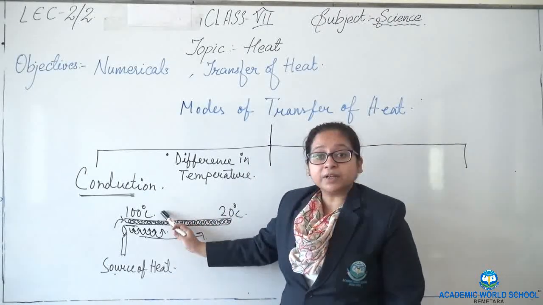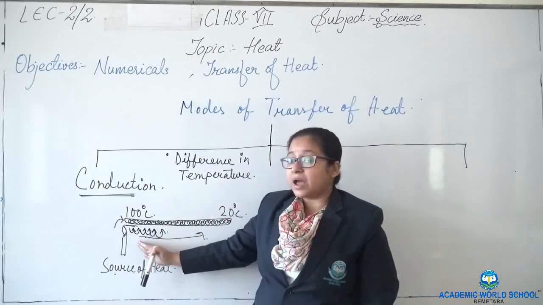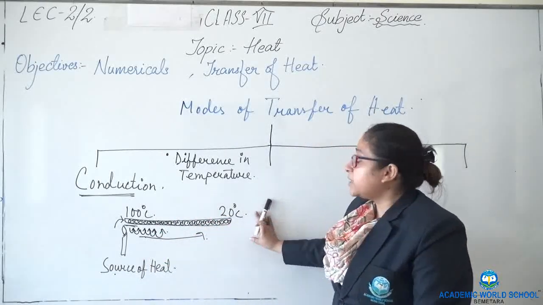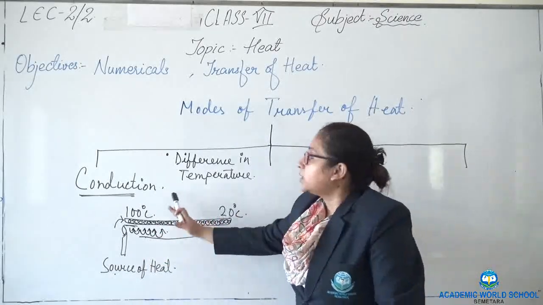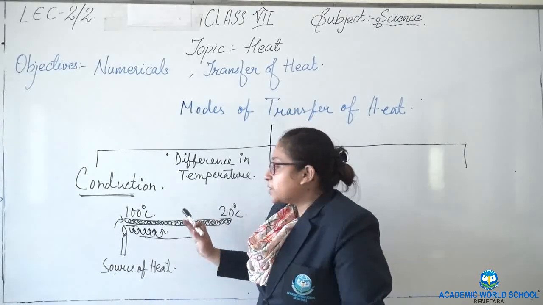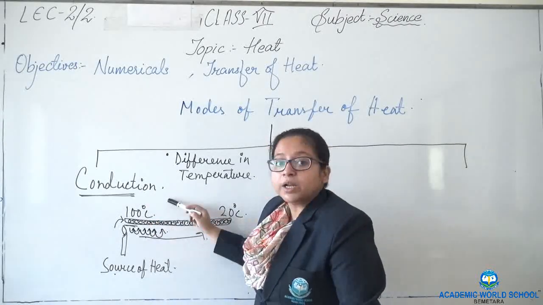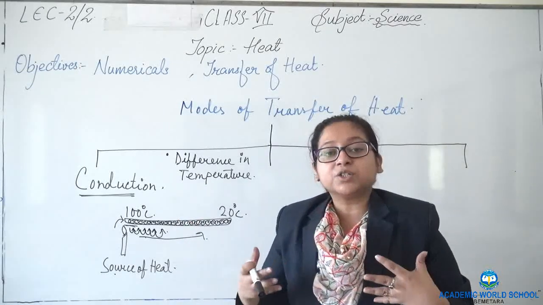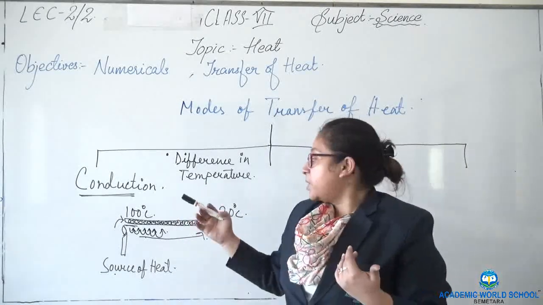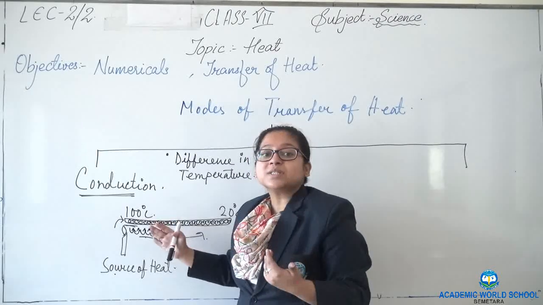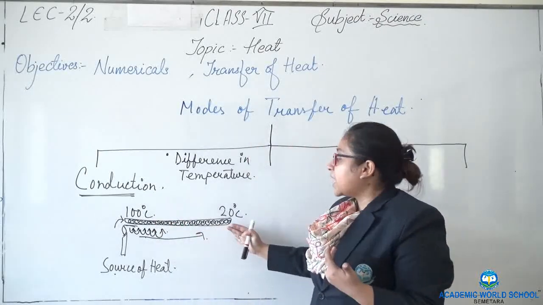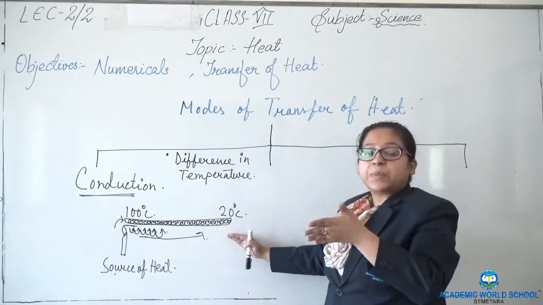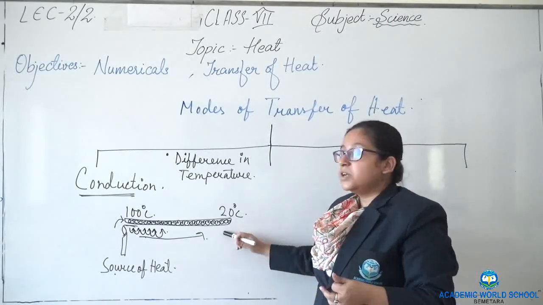Here it is 100 degree because here I am having source of energy, and here it is 20 degree. Gradually the hotter region, as it is receiving energy, vibration takes place. As it vibrates, gradually it passes to its neighboring molecules, and this vibration passes on until it reaches this end.